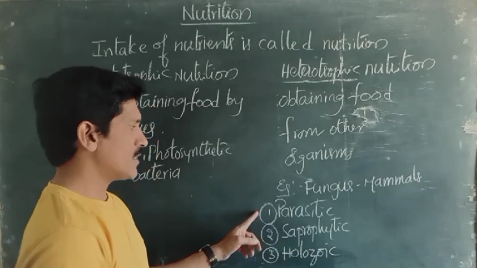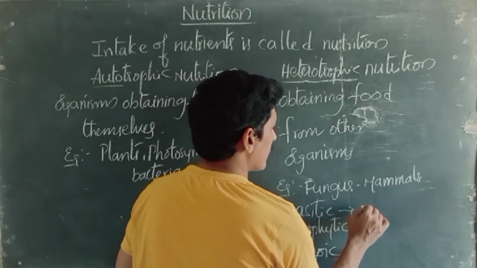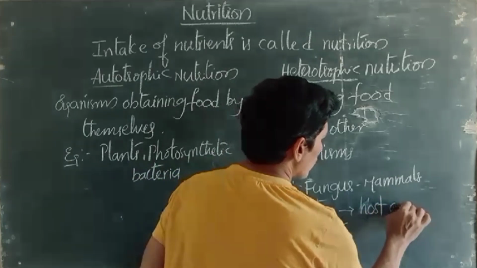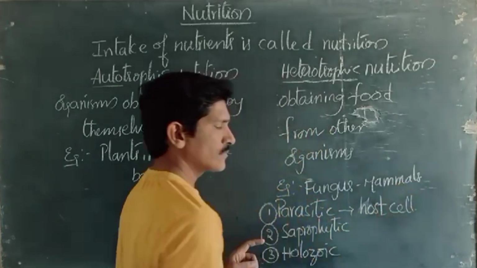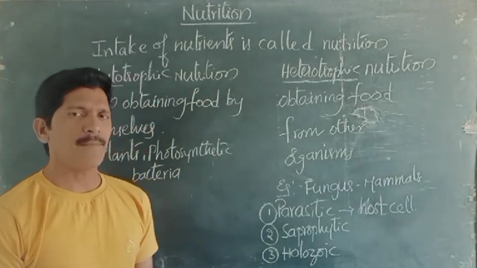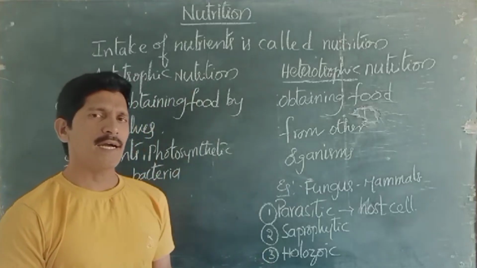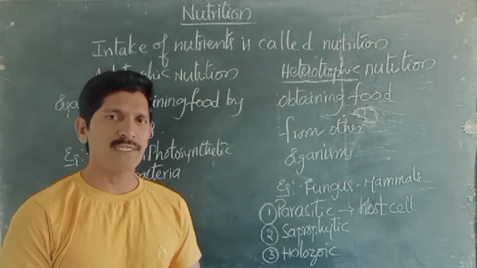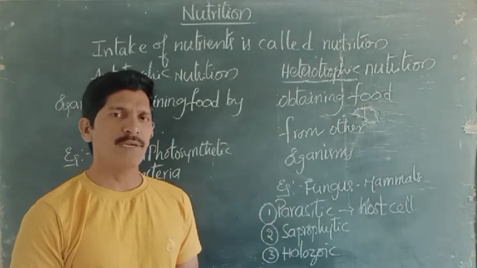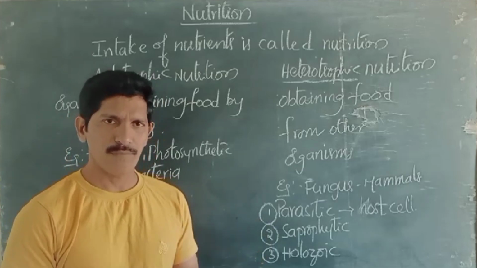Parasitic nutrition refers to organisms living in a host cell, one organism living in another organism. For example, there is a kind of bacteria, E. coli, present in the small intestine of humans, which synthesizes vitamin B12 and supplies it to humans, right?